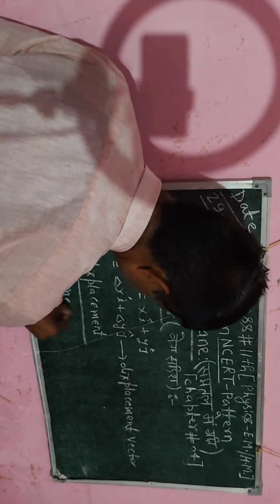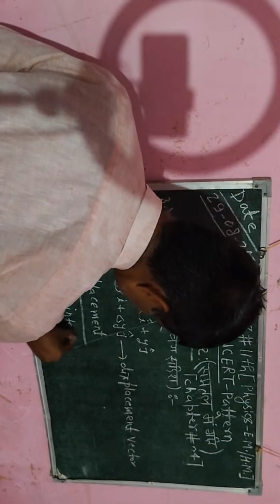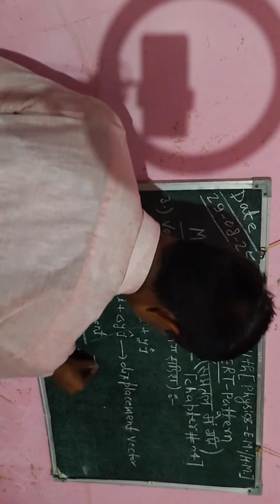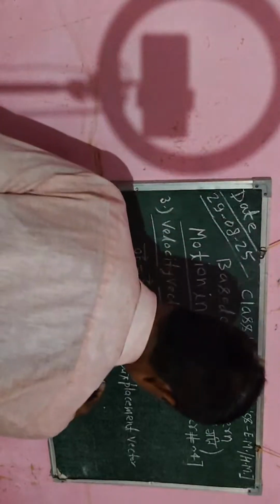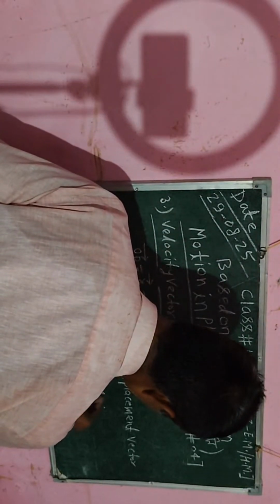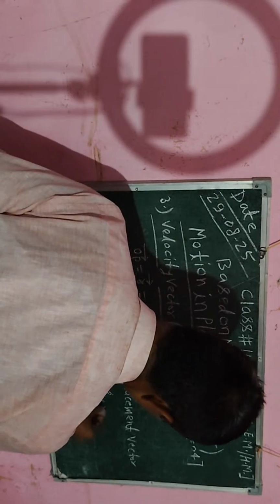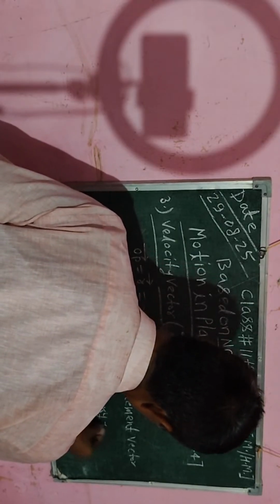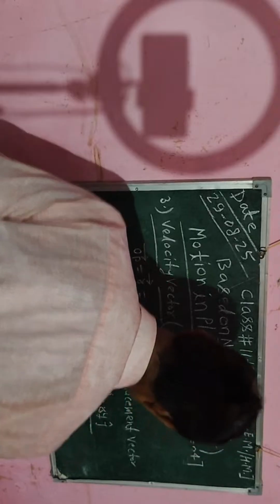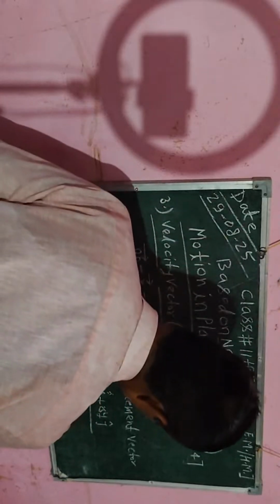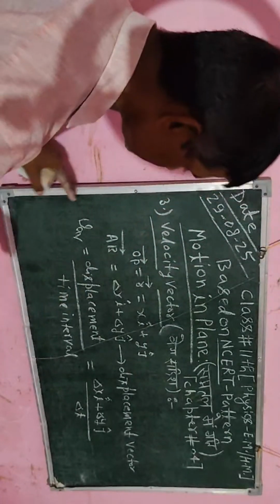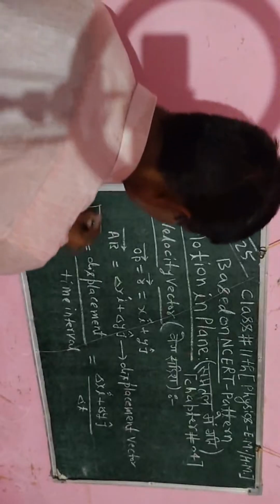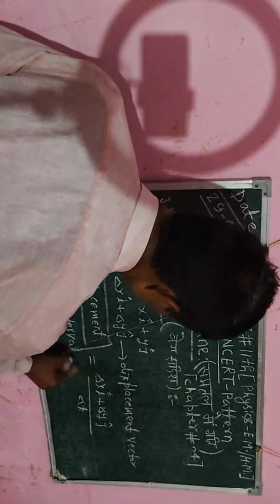This displacement vector, delta x vector i cap plus delta y vector j cap, is divided by the time interval, delta t. So average velocity can be written by the formula displacement divided by time interval. Is every student following clearly?